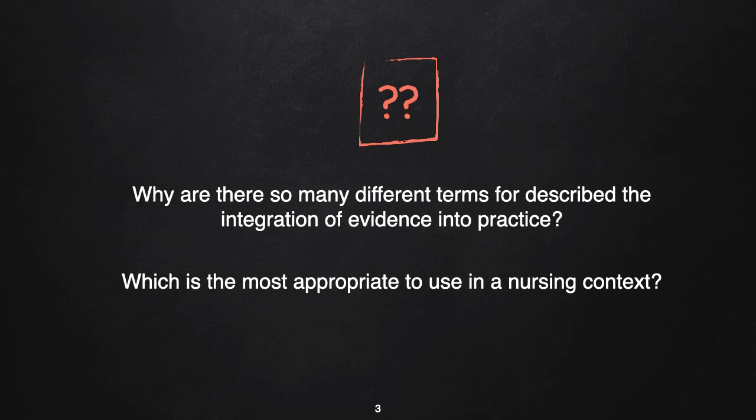And then we've also changed our perspectives. As things go, some terms go out of fashion, other people hold on to these terms but maybe change the definition. The result is we have lots of different terms floating around. Sometimes some of them are used interchangeably, rightfully so, and other times they're not. As far as what's important to the context of nursing, we'll talk about that at the end of the video.